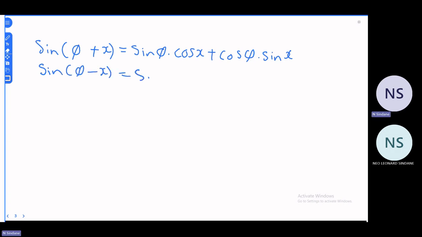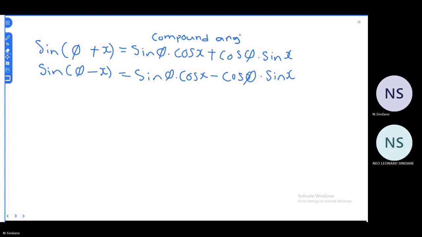This will give you sine of theta multiplied by cos of x minus cos of theta multiplied by sine of x. These are called compound angles, right?